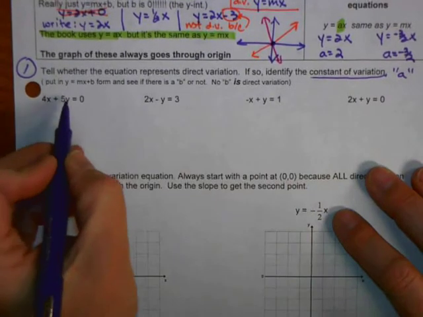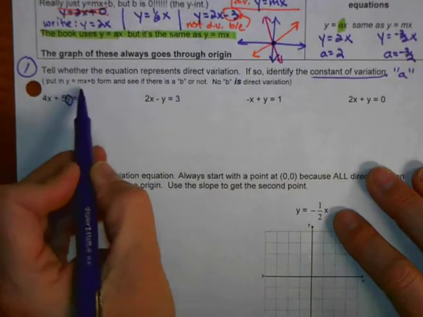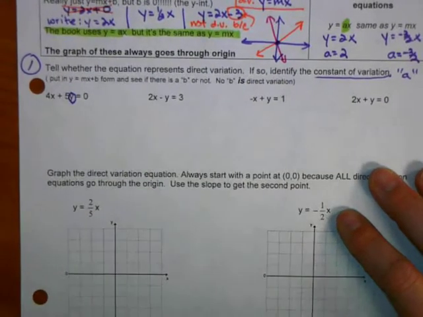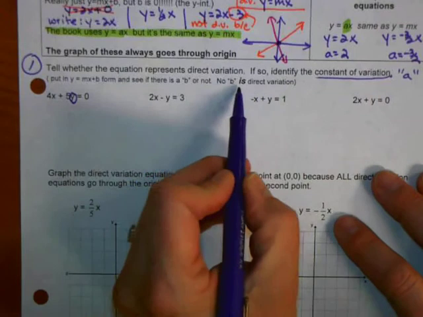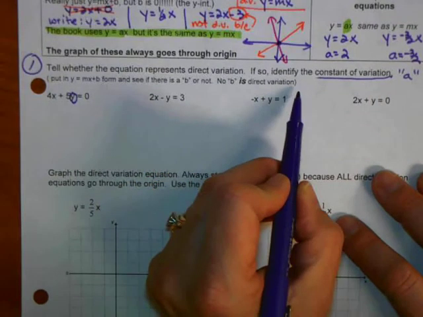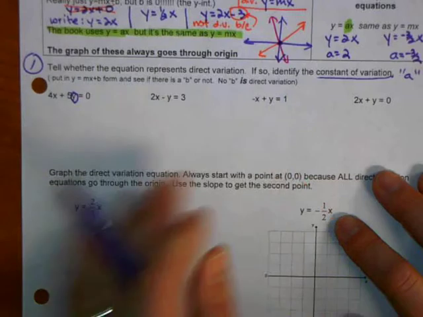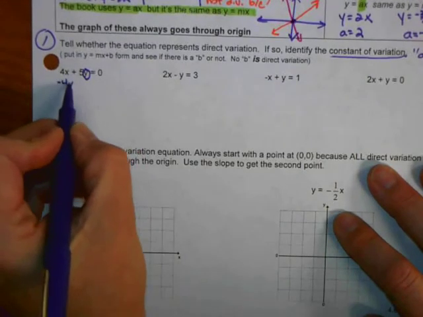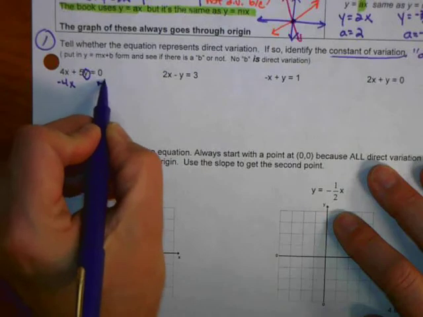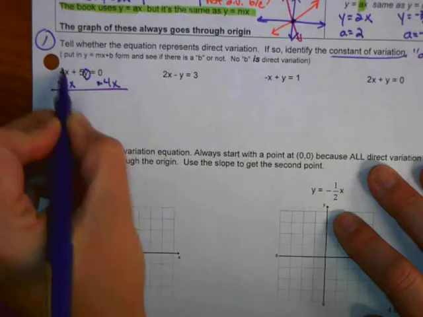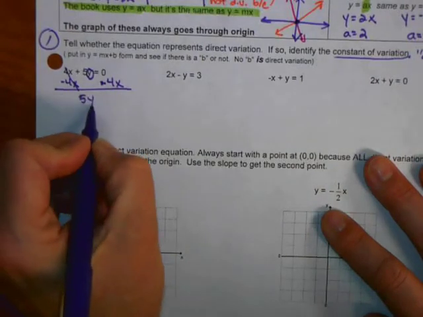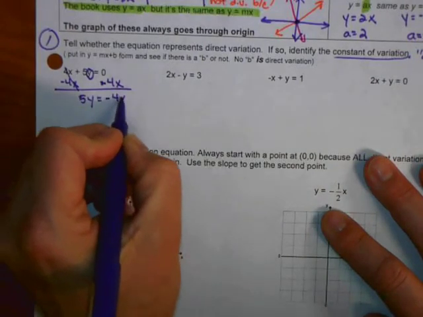So what I have to do is solve for y. Put it in y equals mx plus b form and see if there is a b or not. No b is direct variation. Put a little note to yourself there. So I'm going to solve for y. Right here, the first thing I do is subtract 4x. These go away. I have 5y equals negative 4x.